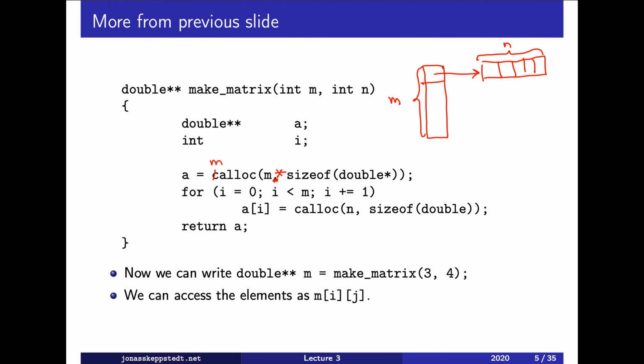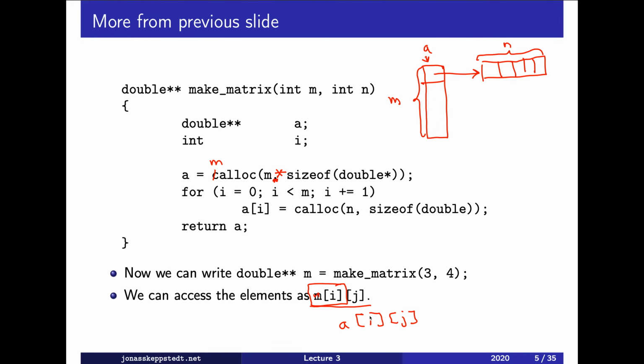So the nice thing with using double pointers is that we can use intuitive syntax to get to the elements. And how does this work? Well, it's one pointer redirection at a time. So we can start with this one. Okay, that's unfortunate. Let's call it A of M instead. And A points to this one.